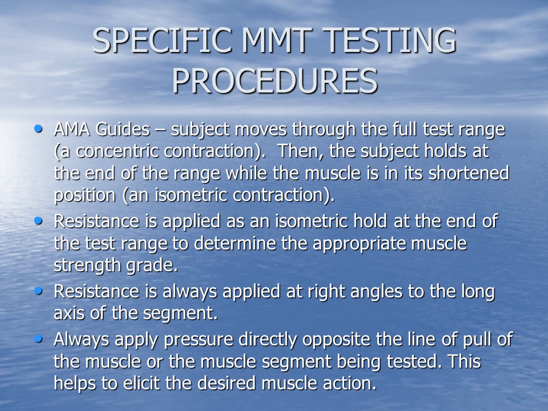Now the resistance is applied as an isometric hold at the end of the test range to determine the appropriate muscle strength grade. The resistance is always applied at right angles to the long axis of the segment being tested, and always applied directly opposite the line of pull of the muscle or muscle segment being tested, and this helps to elicit the desired muscle action.